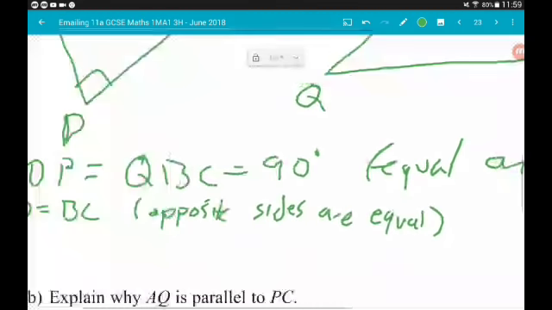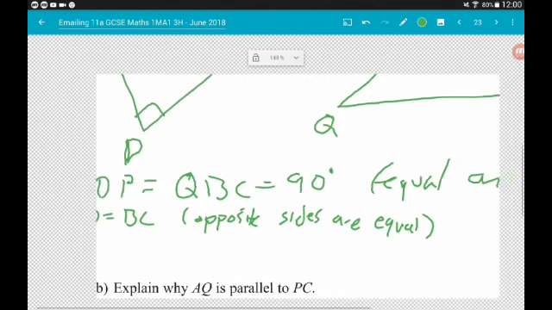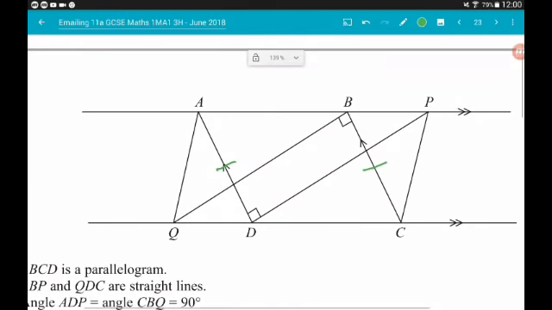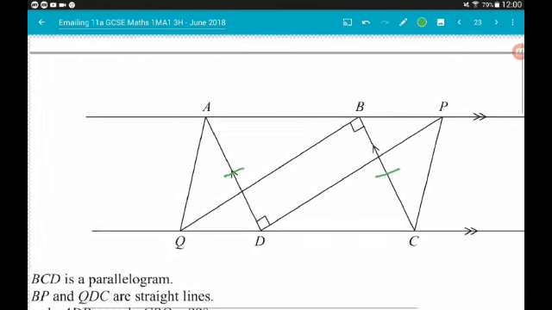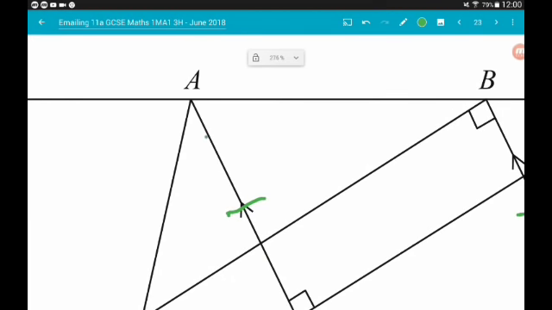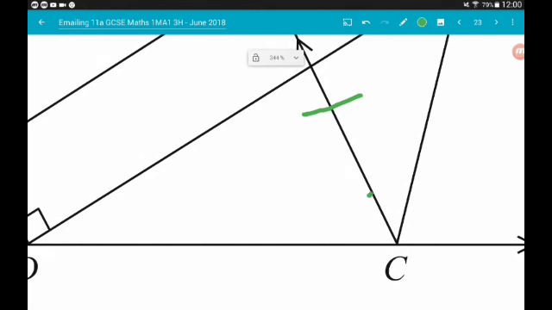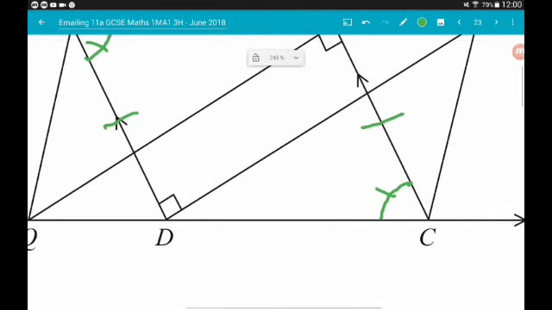Okay, we need to find one other thing then, either another side or another angle. So, what else do we know about parallelograms? Well, we know that their opposite angles are equal. So we know that this angle here is the same size as this angle here. So that's the last thing that we need.